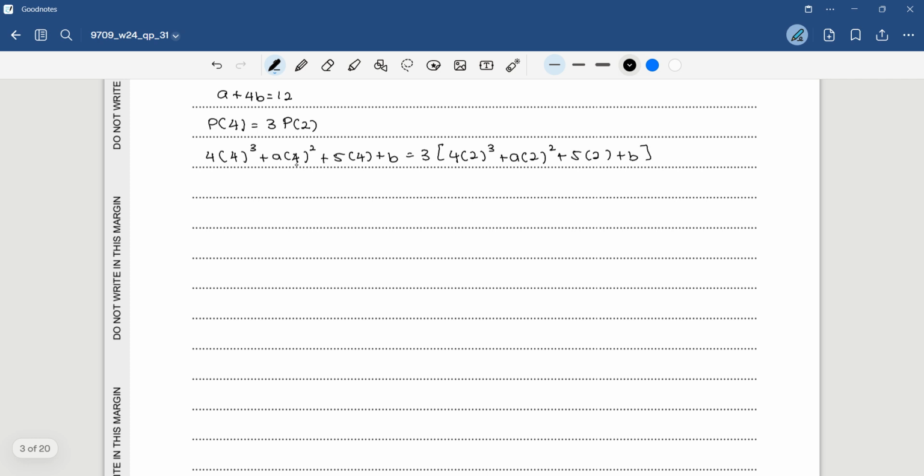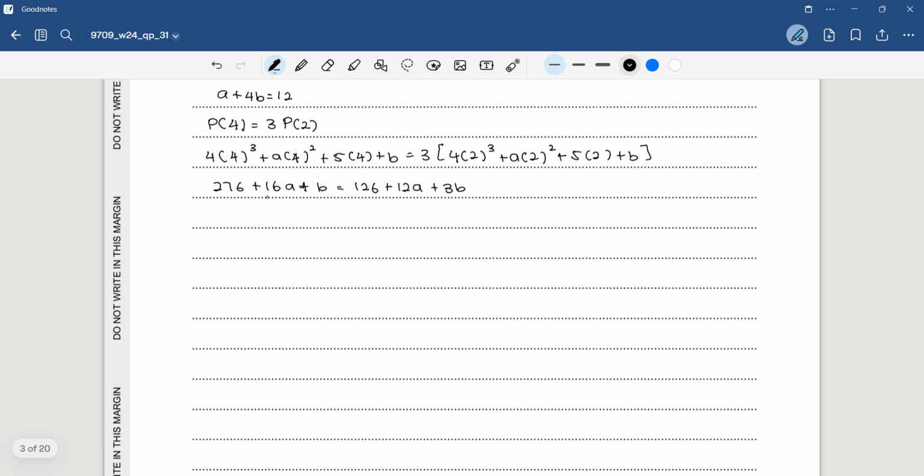So it's going to be 276 plus 16a plus 20 plus b, where this is going to be 126 plus 12a plus 3b.